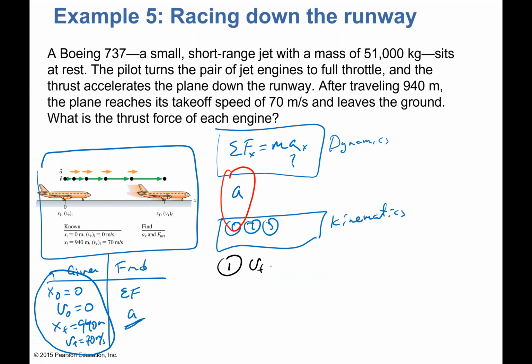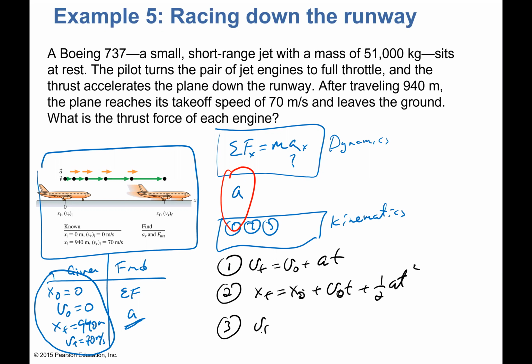Equation 1: v final equals v initial plus at. Equation 2: x final equals x initial plus v initial t plus 1/2 at squared. Equation 3: v final squared equals v initial squared plus 2 times acceleration times delta x. That means I have those 3 equations that I can use to find acceleration.